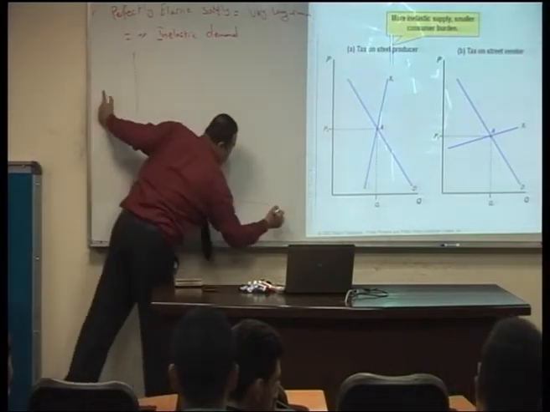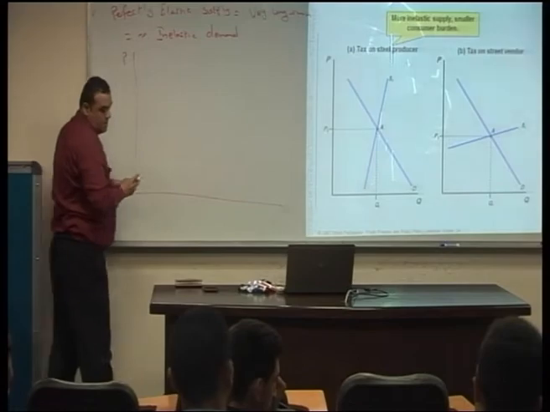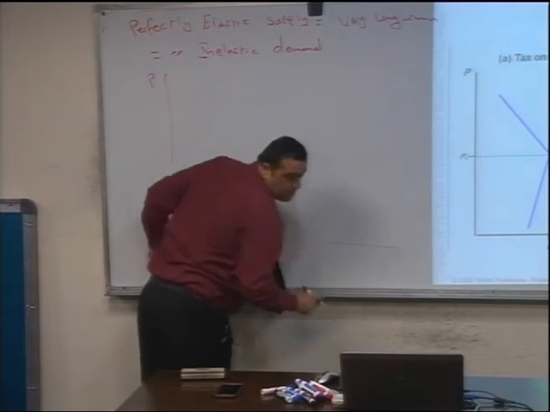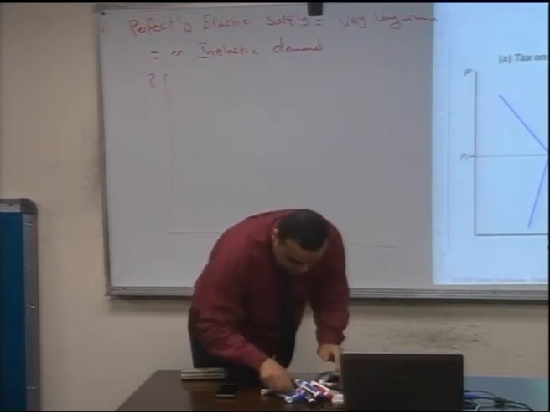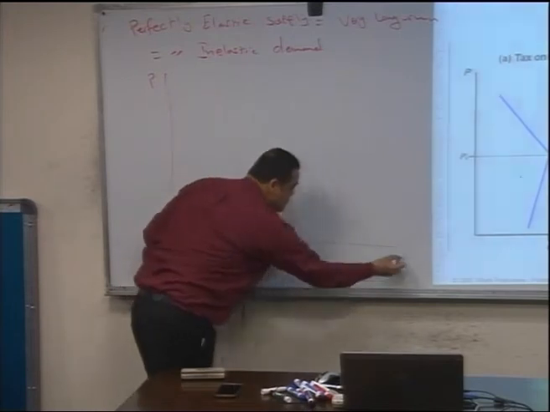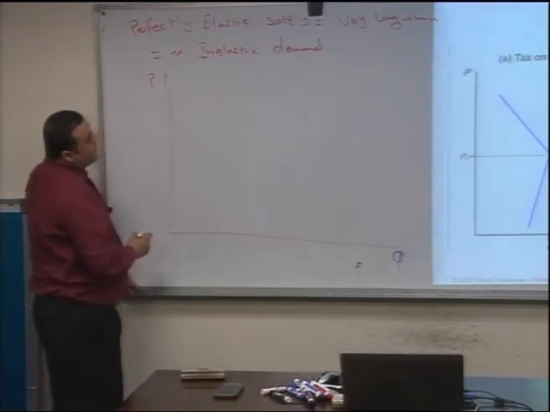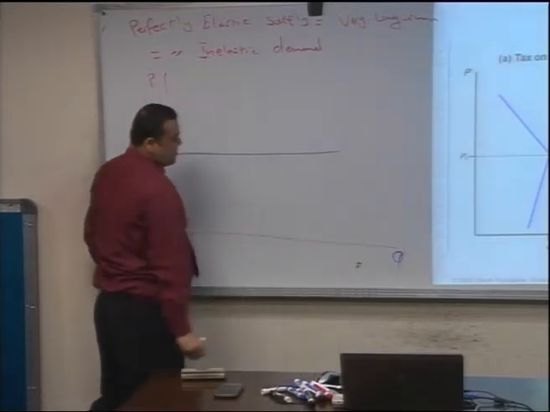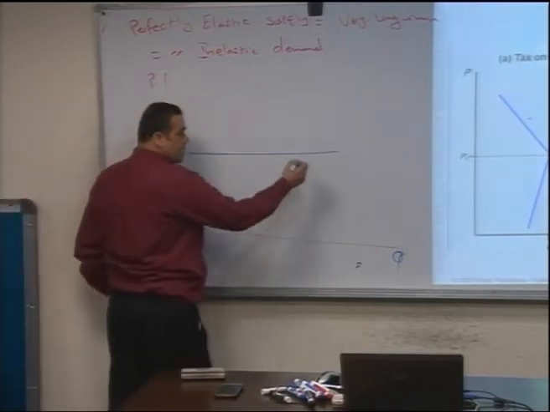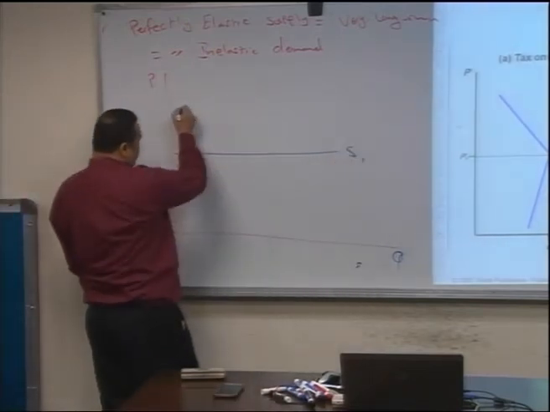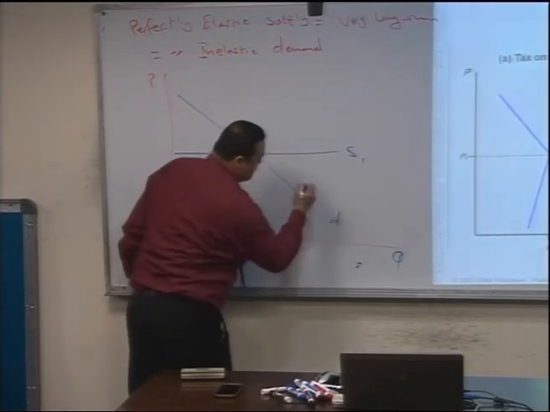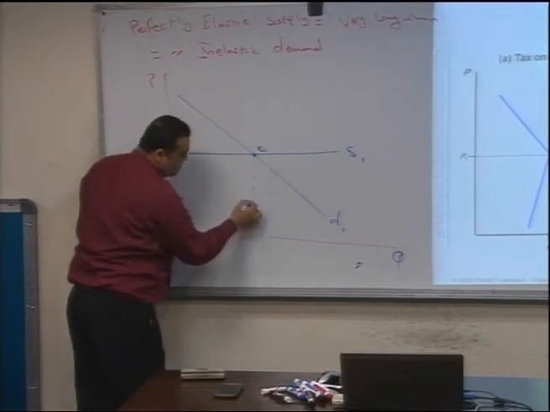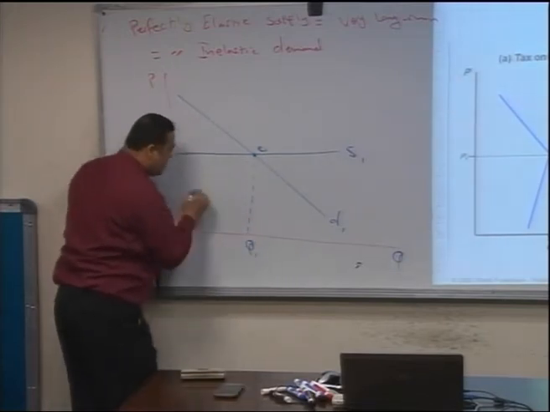هاي نعمل جراف هيك price ناخذ لون تاني، price Q. Perfectly elastic supply, so the supply curve will be horizontal. S1 and demand is neutral here. D1, E1, Q1, P1.